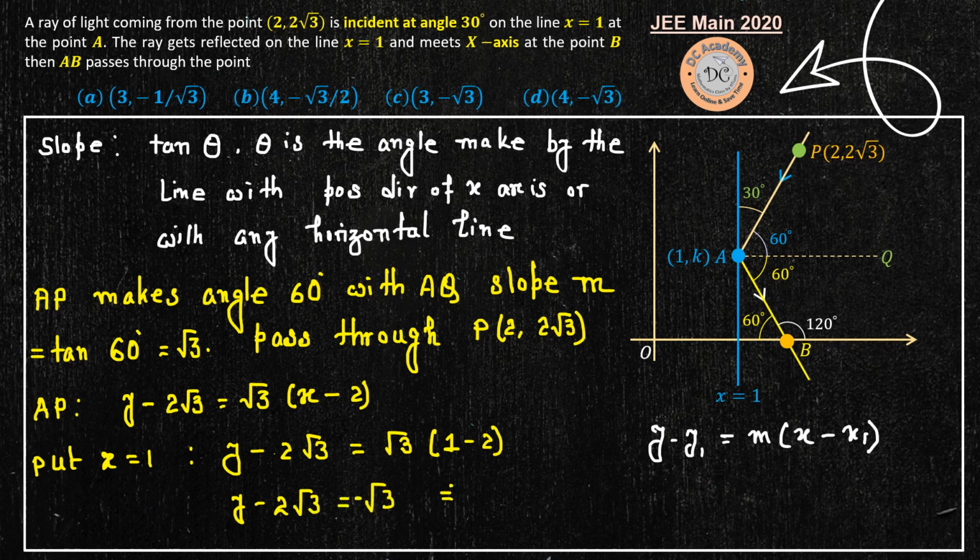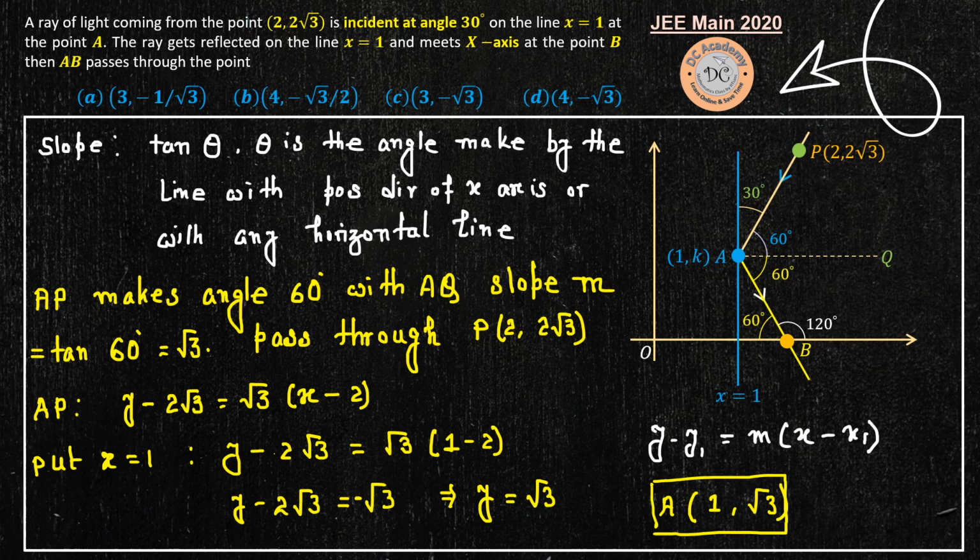So by rewriting that, we can say that y is equal to 2 root 3 minus root 3, that is root 3. So the point of intersection A, coordinate wise, we can easily observe, is 1 comma root 3. So that's it, we found the point A.